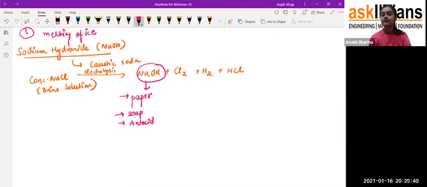Fine. Chlorine. See students, this chlorine has a very important use: it can be used for cleansing purposes. We can use it as a disinfectant of water.